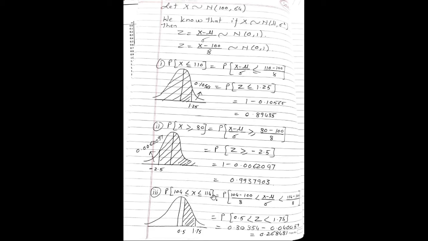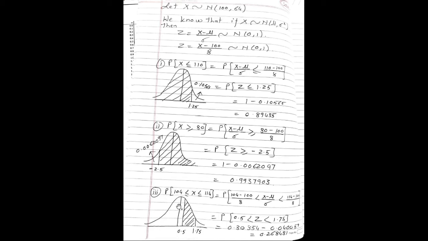In the third part of the problem, we want probability 104 less than or equal to x less than or equal to 114, which can be written as probability 104 minus 100 upon 8 less than x minus mu upon sigma less than 114 minus 100 upon 8, which is equal to probability 0.5 less than z less than 1.75. Both ordinates are positive, so both will come on the right hand side portion of the curve.